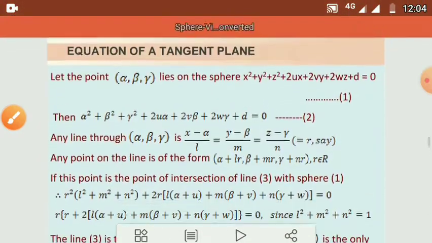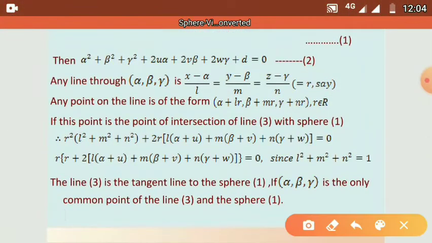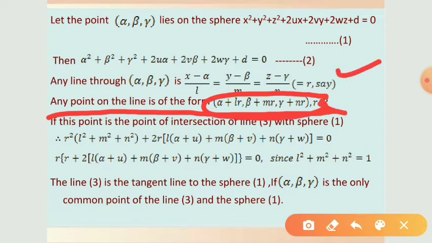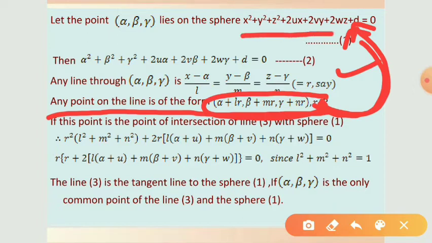Now see this, any point on this line is of the form alpha plus LR, comma beta plus MR, comma gamma plus NR. This is any point on this line. So if this point is a point of intersection of the sphere with this line, it also lies on the sphere, then we can substitute this point in the equation, and by simplification we will get this.